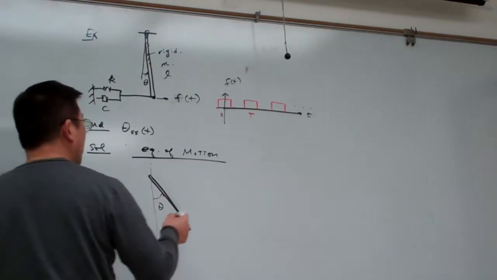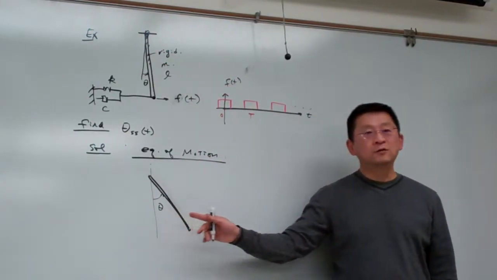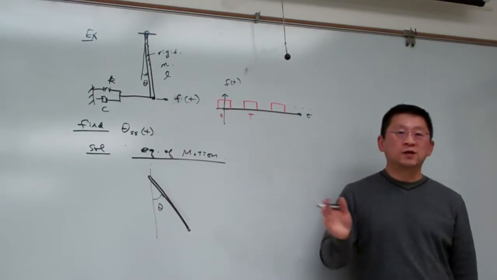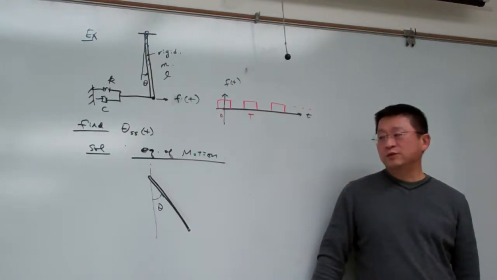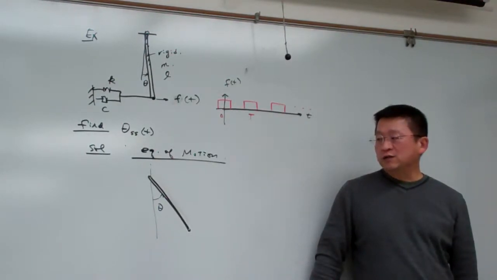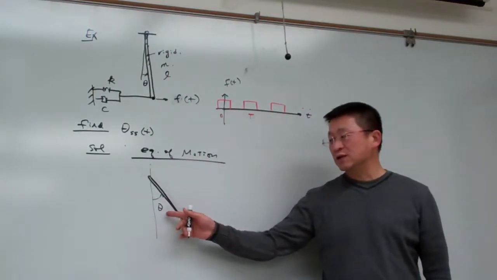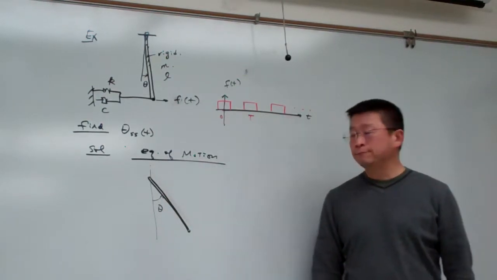For our linear vibrations, we assume theta is small. That is our fundamental assumption. We assume small vibrations. In this way, we get a good approximation of the system as a linear system. For drawing, we usually exaggerate, but theta should be small.